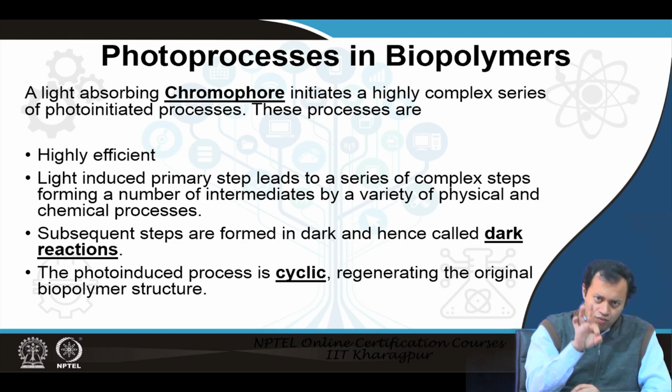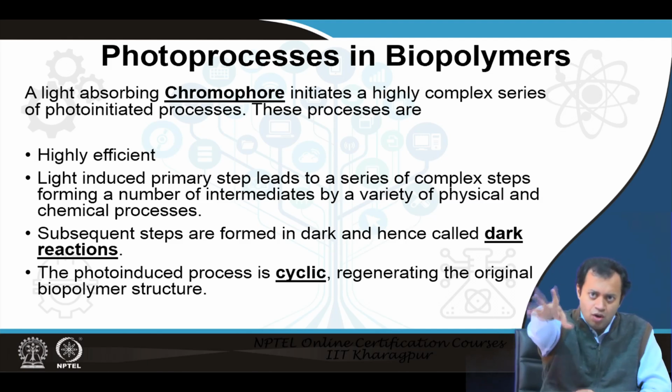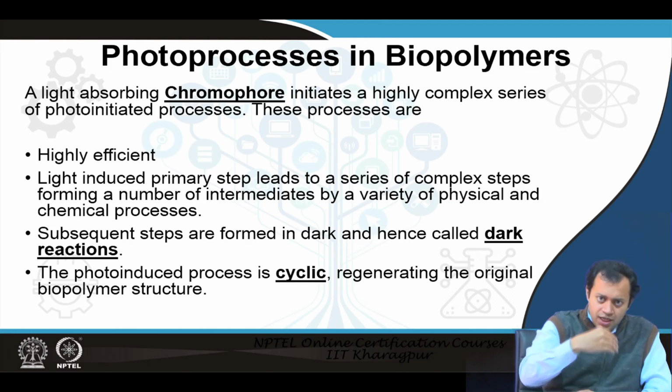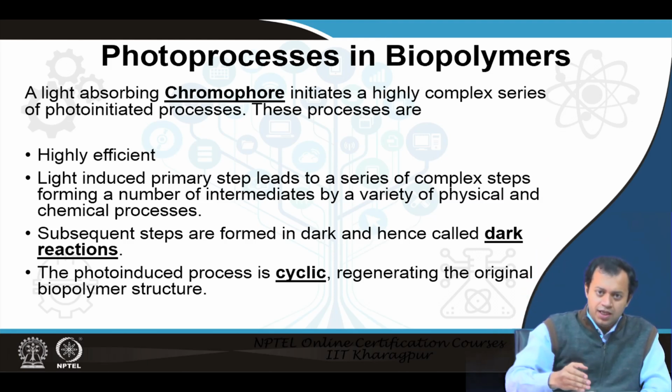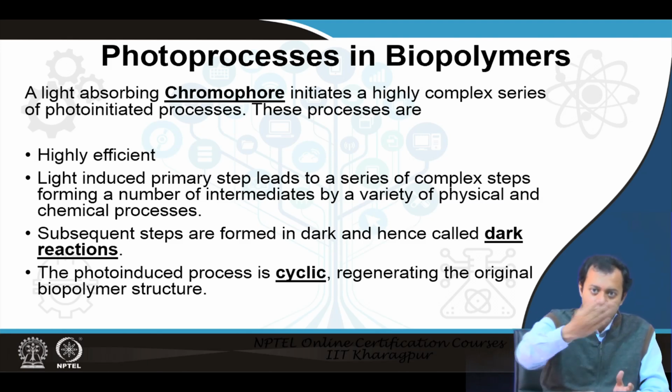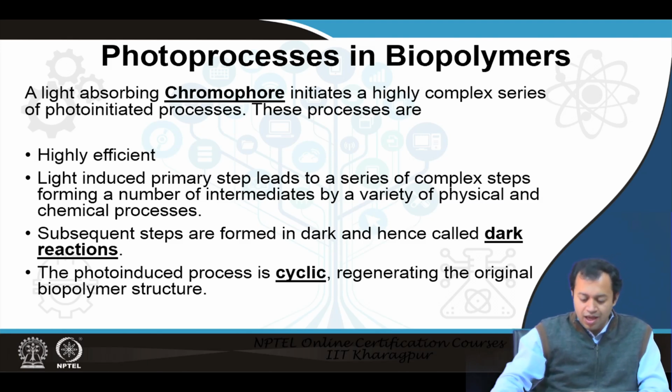Like in a domino effect, you just flick one domino once, you do not need to do it all the time, and all the dominoes start falling. Similarly, here the light needs to hit, the reaction starts, and one reaction after another keeps happening. Since they do not require light, we call them dark reactions.